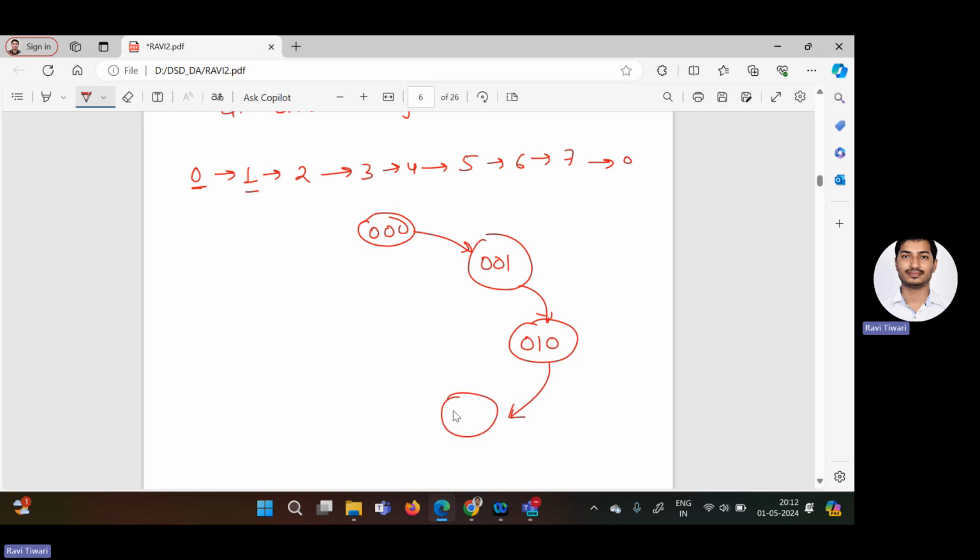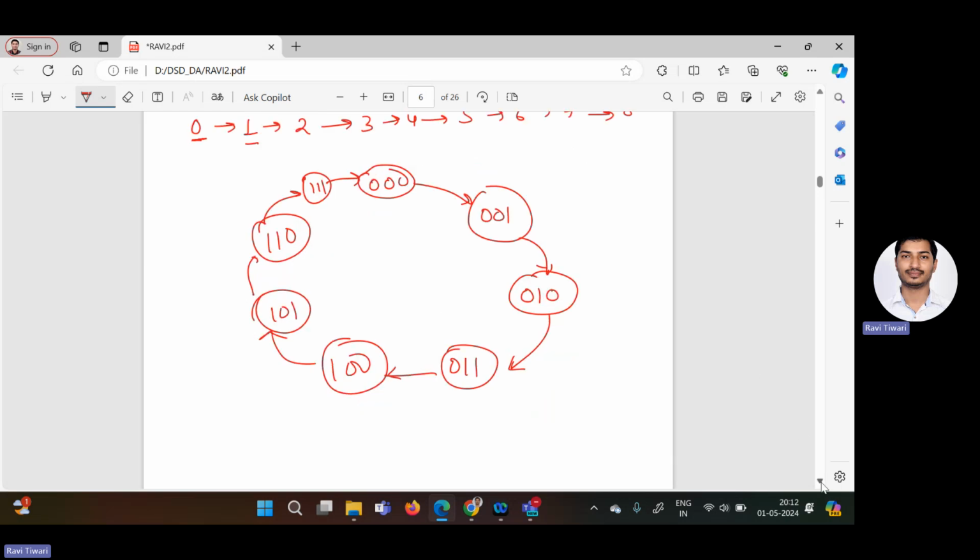Next is 0, 1, 1. Next is 1, 0, 0, 1, 0, 1. So it's 1, 2, 3, 4, 5, then 6, then 7, and then 0. Whatever we have written in the decimal number form, the same we have represented in the binary form, and this is called the state diagram.